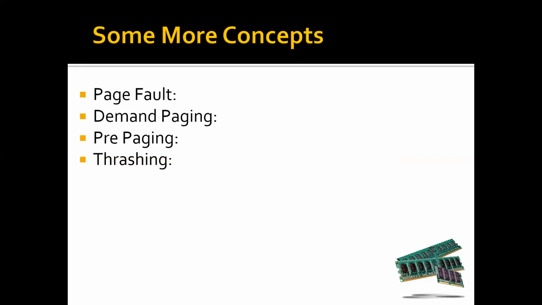There is another concept associated with virtual memory called demand paging. Demand paging says a page will not be loaded into the main memory unless and until it is demanded. That means unless the processor has requested a particular page, it will not be loaded into the main memory.